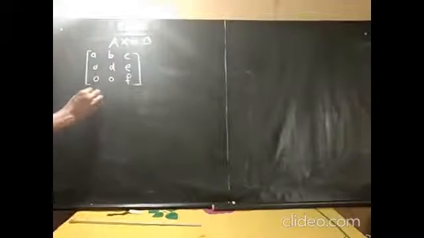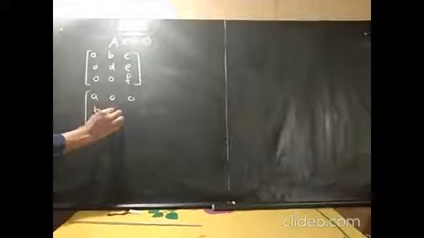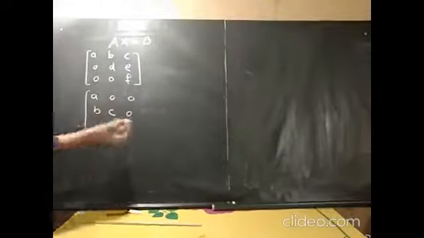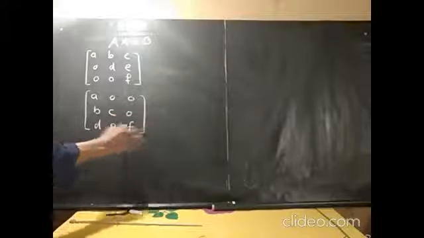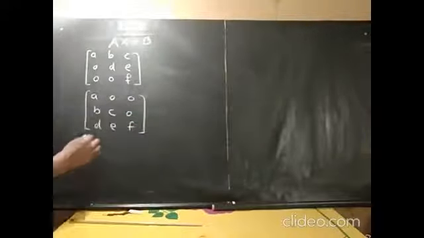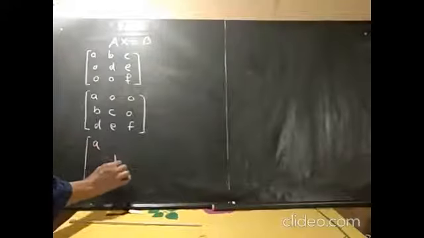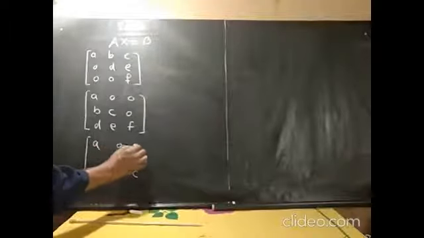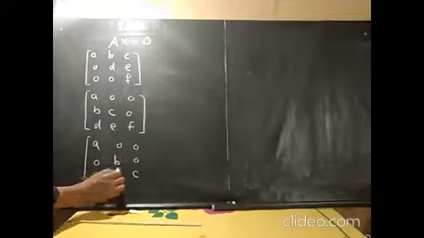Or in lower triangular: A, 0, 0, B, C, 0, and suppose here it is D, E, F. Like this you can convert matrix A. Or diagonal matrix also, I told you, something like this: A, B, C, 0, 0, 0, 0, 0 and 0.